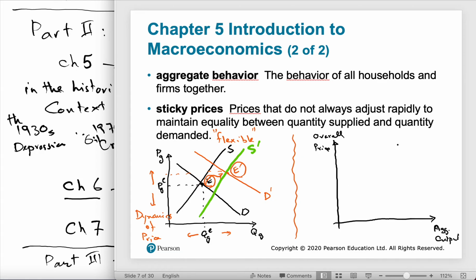So what model do we need to explain this, and are the prices at the macro level also flexible?